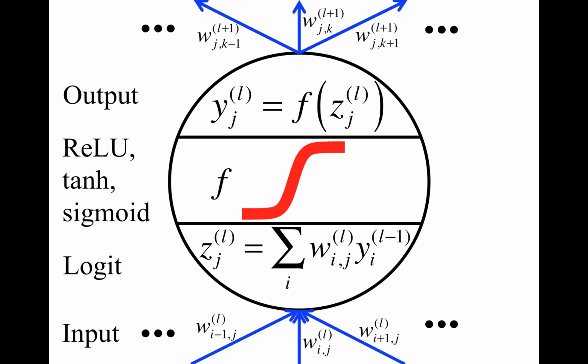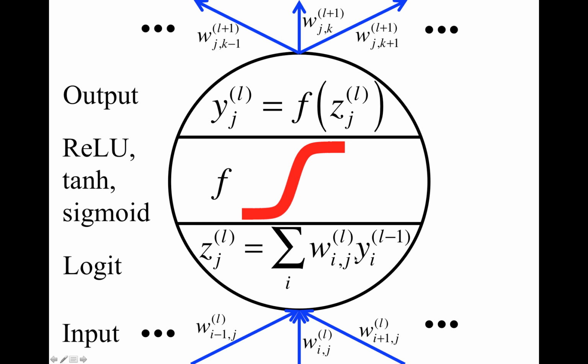The inputs to this neuron come from the layer immediately below it, so all the inputs are going to have a superscript that's L minus 1. But you must notice that those inputs must be weighted by a certain weight.